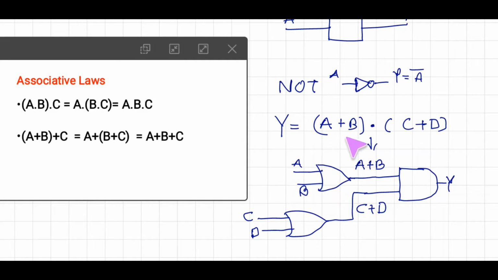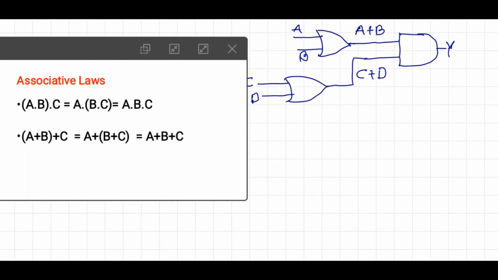Now if we know the ANDing laws, ORing laws, inversion laws and the laws which we are going to see, then we can reduce this circuit to a simple circuit. For that, we are going to see some laws associated with Boolean algebra. The first one is the associative law.